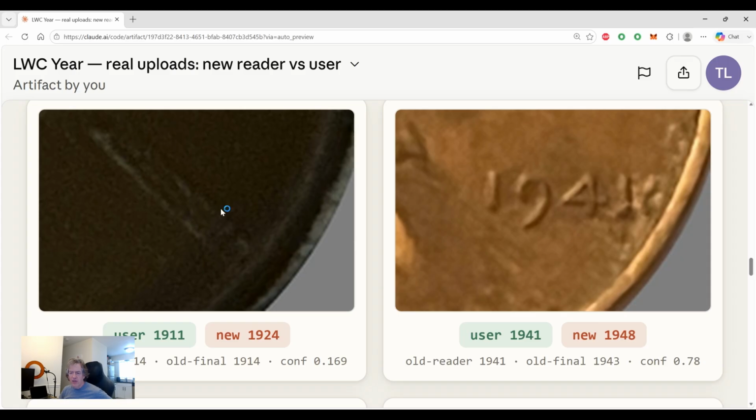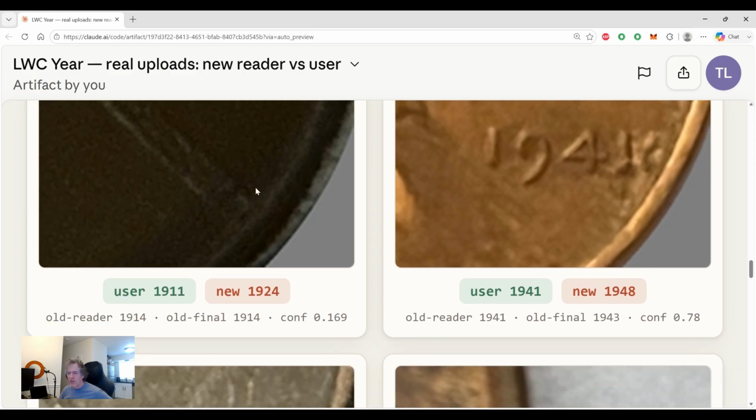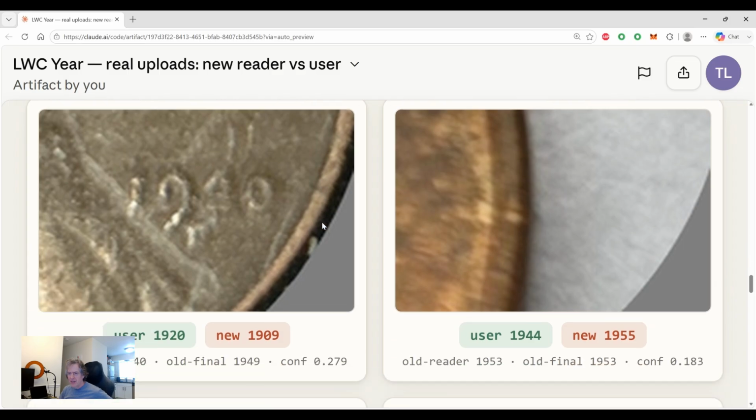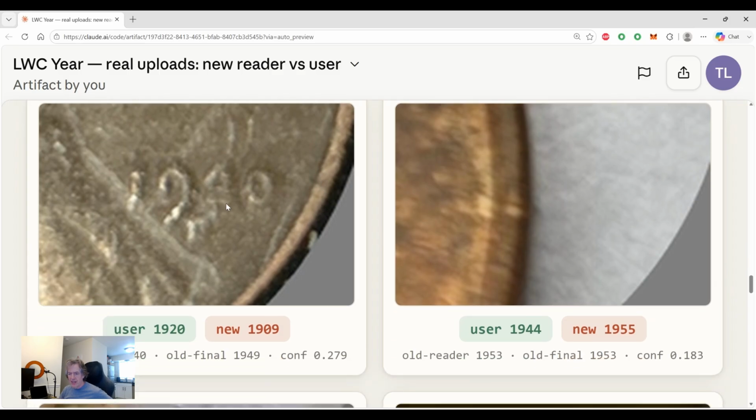This one looks like a rotation issue, and so the mint mark isn't correct. I would say rotation issues are extremely rare, but they do happen. Oh, wow, I was going to say this is a 1940. The user says it's a 1920. I don't know. Yeah, this is a crop issue.